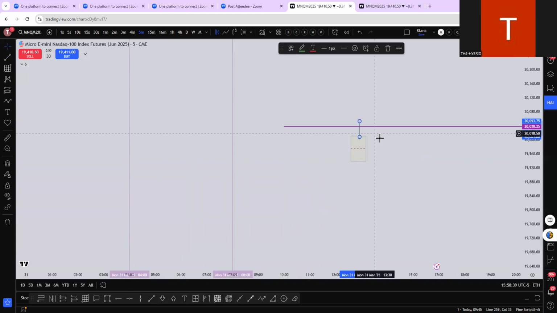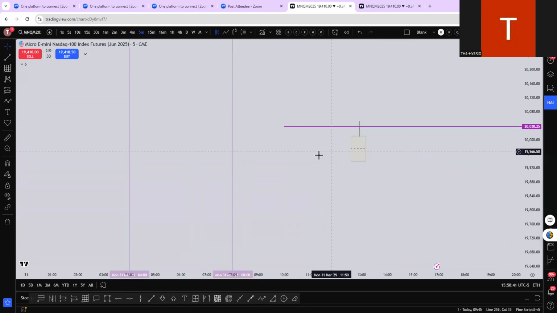If we are wicking this level and we're failing to put bodies above it, that's an indication that we're selling this bearish key level because we're scooping up or distributing orders in this key level or liquidity pool on either a higher time frame or the time frame you're on.